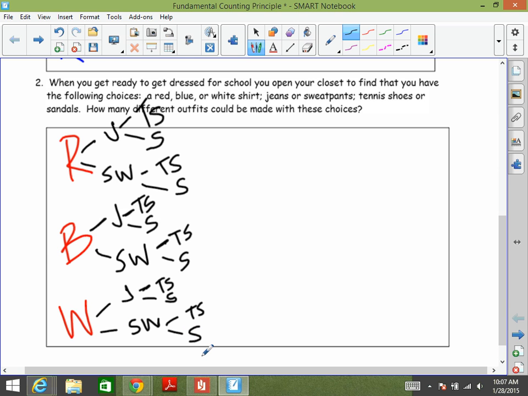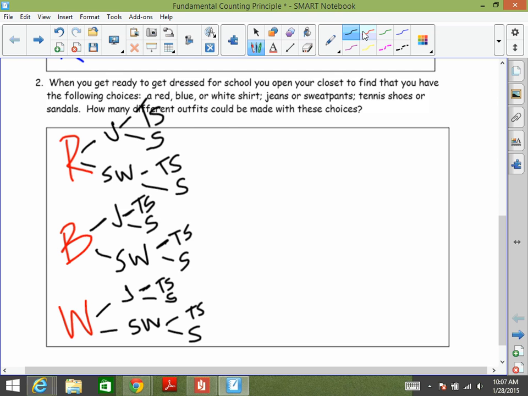Now, how many outfits did we get? Count up your outfit pieces. How many? What'd you get? 12 combinations. You get 12 combinations.